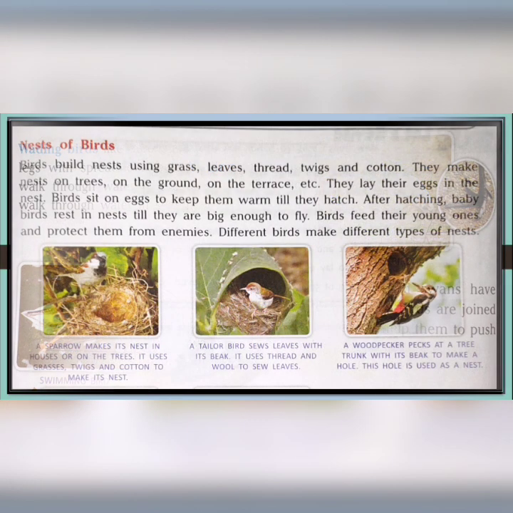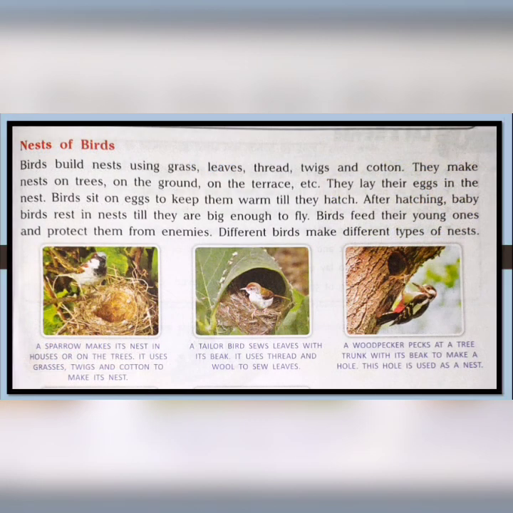Now, moving to the next topic, nest of birds. As we have homes, birds also have homes, right? Their homes are called what? Nests. Birds build nests using grass, leaves, thread, twigs and cotton. They make their nest on trees, on the ground or on the terrace.